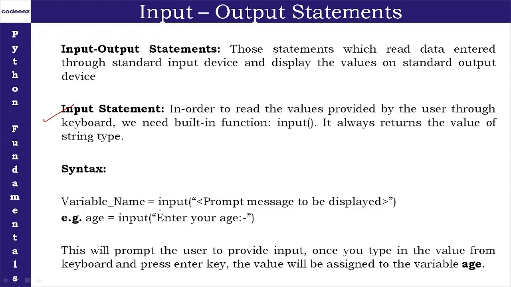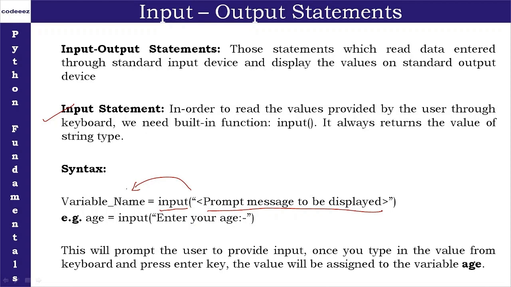Here, the input function is used. It takes a string as an argument. It is simply a message that gets displayed and prompts the user to provide some input. Once the input is supplied, it reads the content and returns it to your program in string format.